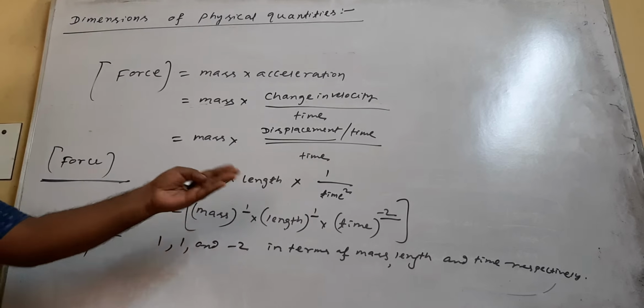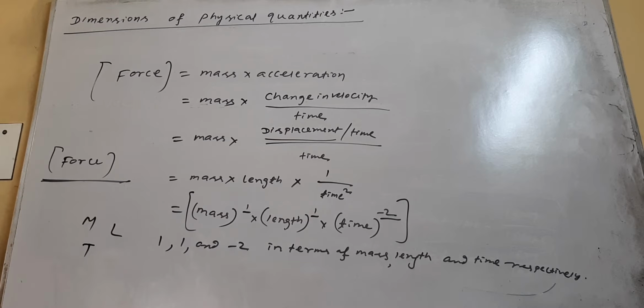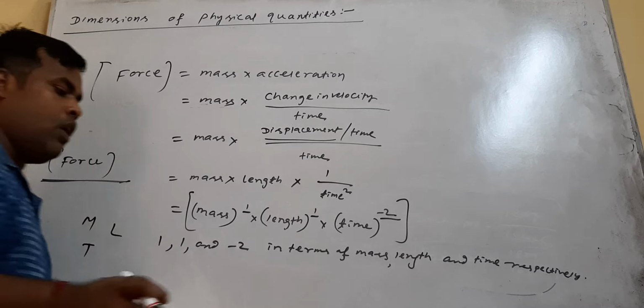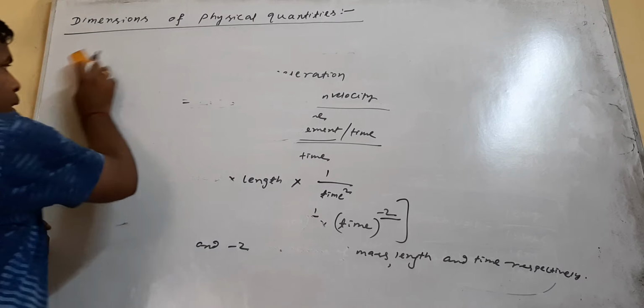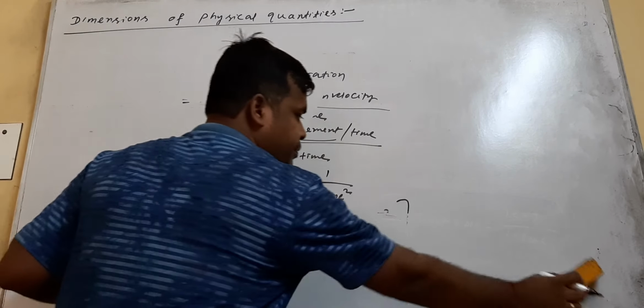Not only these 3 fundamental quantities, you have 7 fundamental quantities, you have other 4 fundamental quantities. So we have to use the symbols for all these 7 fundamental quantities to represent dimension.